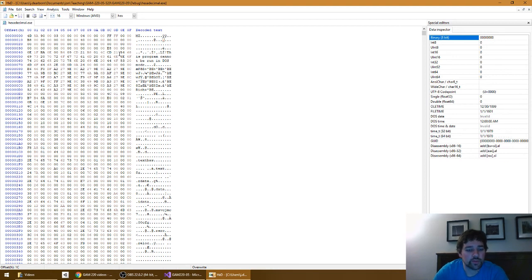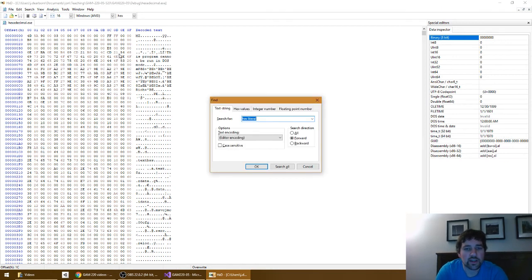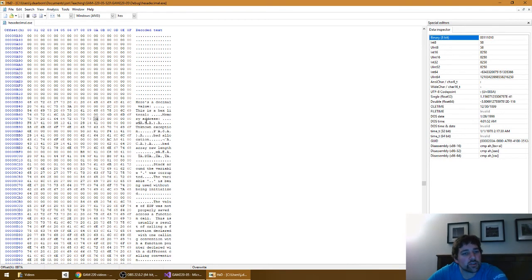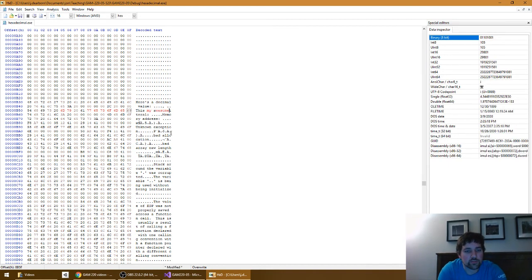Let me find hex literal. There we go. So I've found my text that I wrote in here. This was plain text in my program. This is a hex literal, and I can even edit this. This is my awesomeness. I can save it.